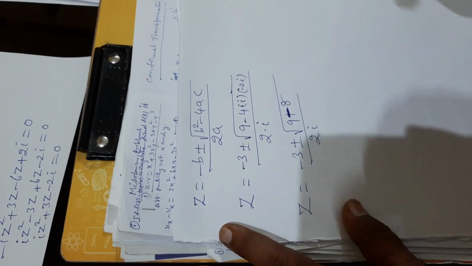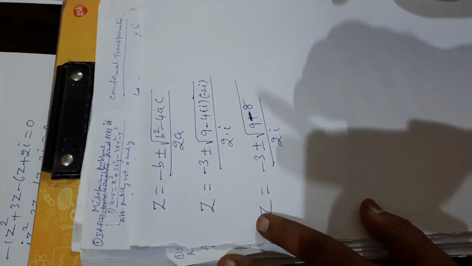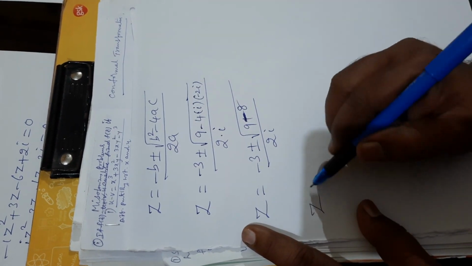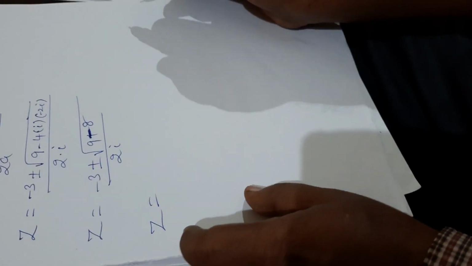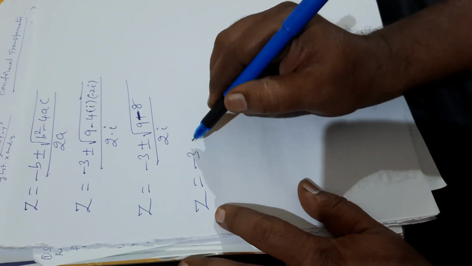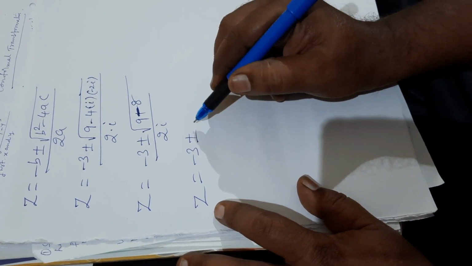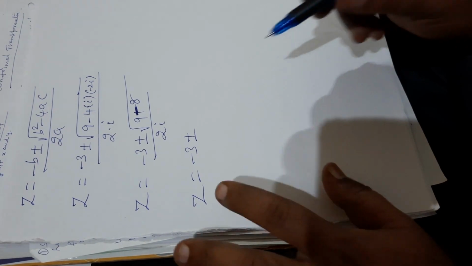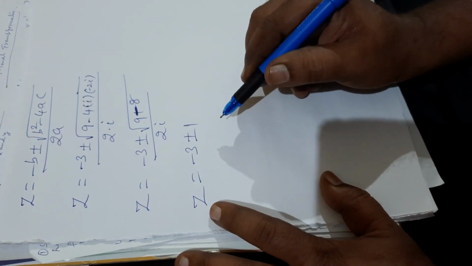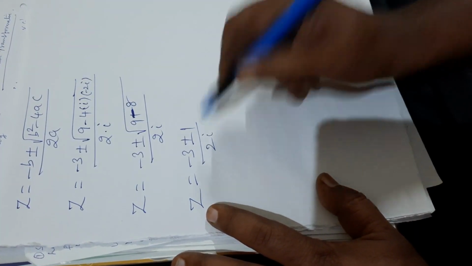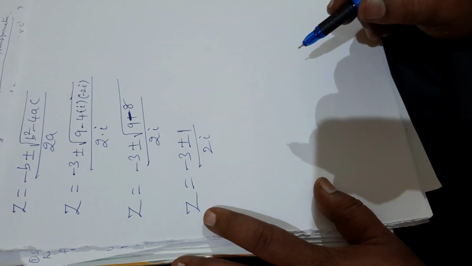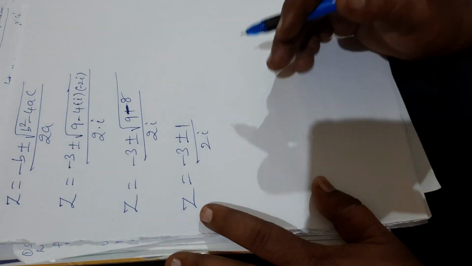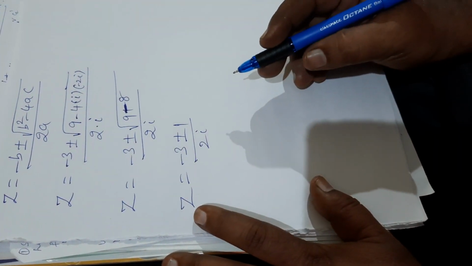The denominator is 2I. Understand? Therefore, Z is equal to minus 3 plus or minus square root of 9 minus 8, this is 1, right? Divided by 2i. Square root of 1 is 1, over 2i.